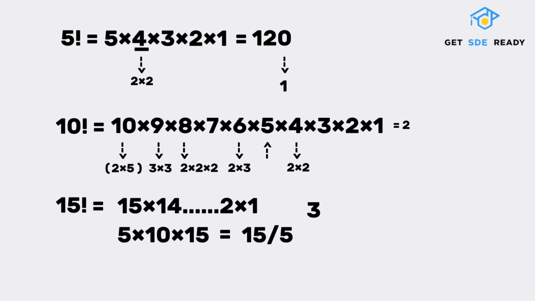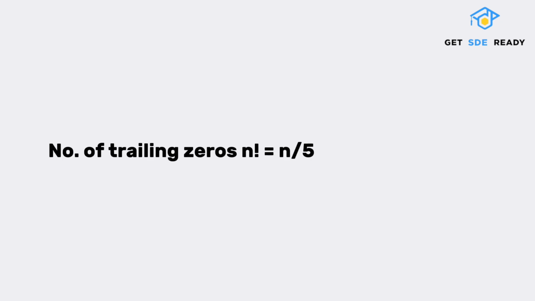Similarly, if I say 17 factorial, how many multiples of 5 are there? 17 by 5, which is again going to be 3, and you know it: 5, 10, and 15. All these three numbers are multiples of 5 and they are the only ones going to produce zeros because 2s are in abundance already, right? So can I say that the number of trailing zeros in n factorial equals n by 5?